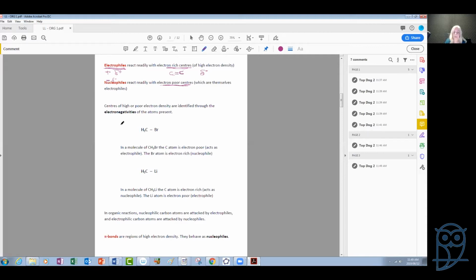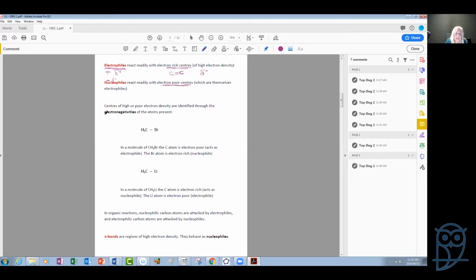And now, how do we know? How do we decide which centers in a compound are electron-rich or electron-poor? Centers of high or poor electron density, that means electron-rich or electron-poor, are identified in terms of the electronegativities of the atoms which are present.